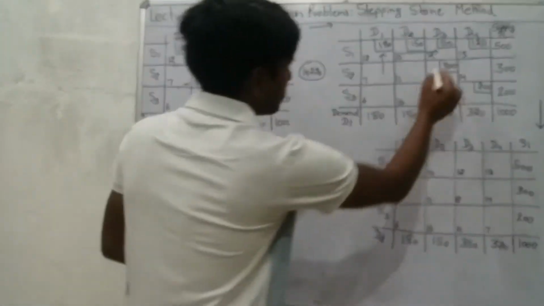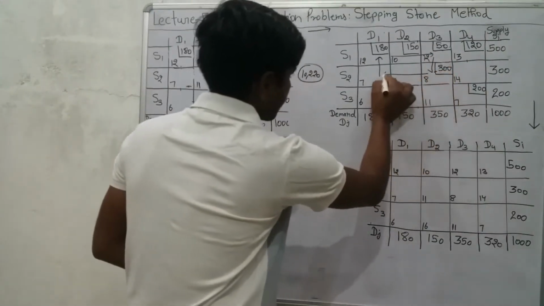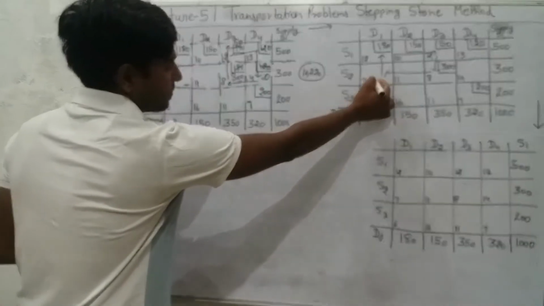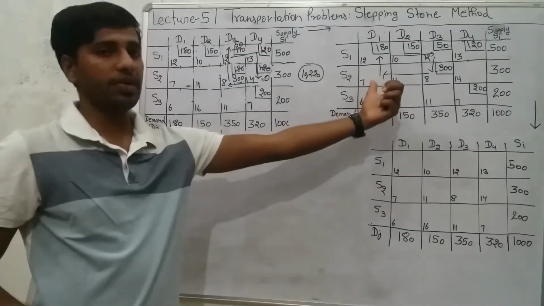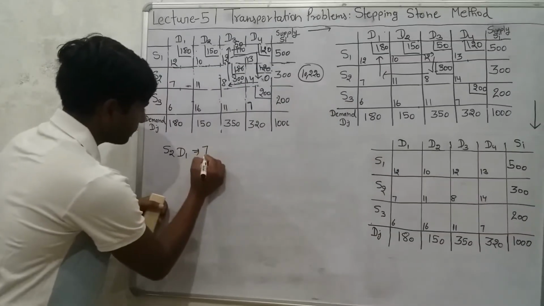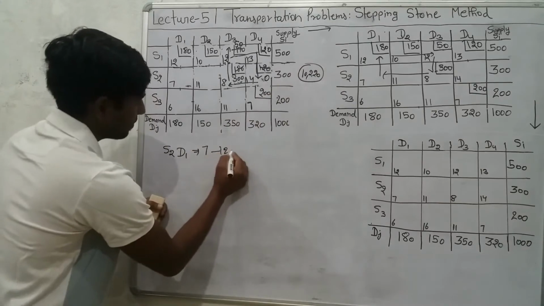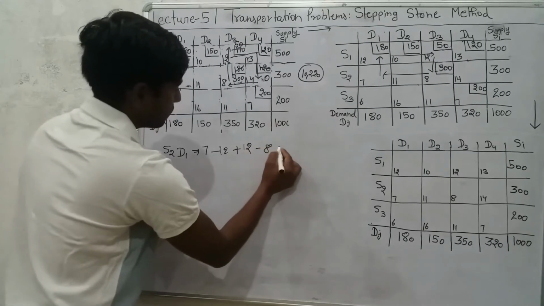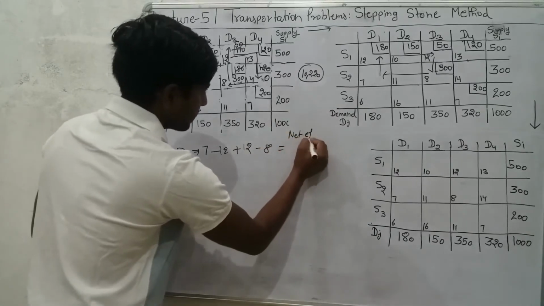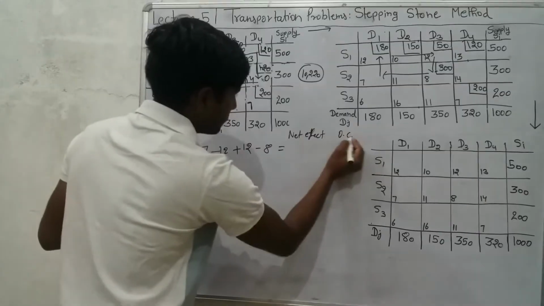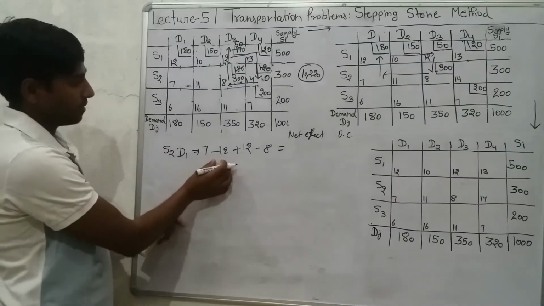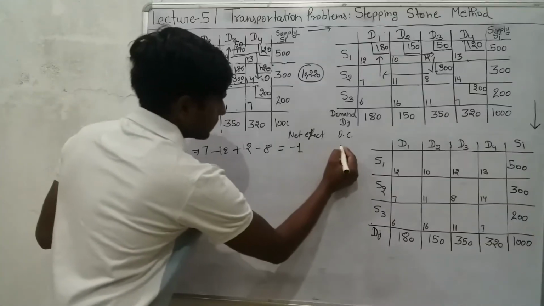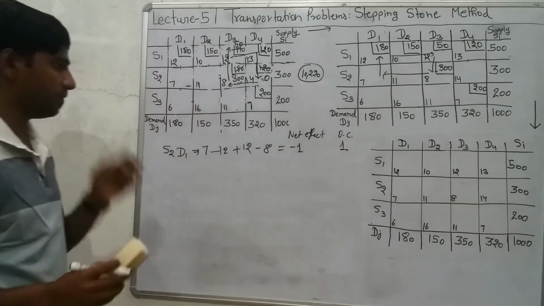Then we come down to this cell, and we come back to this one. What would be the route? It is plus, because that is where we started. So +7, next -12, next +12, next -8. So what would be the net effect and opportunity cost? 7 plus 12 is 19, minus 12, minus 8, so -1. So the opportunity cost would be +1.